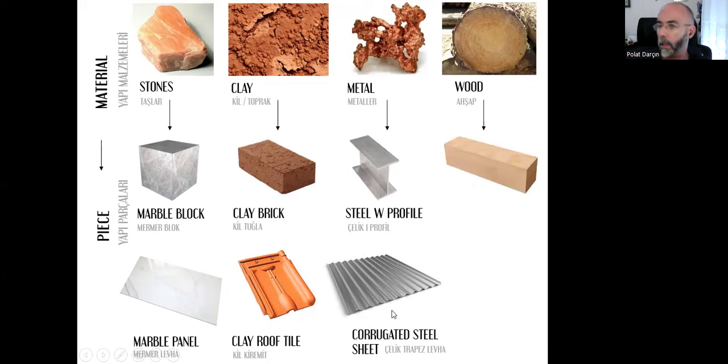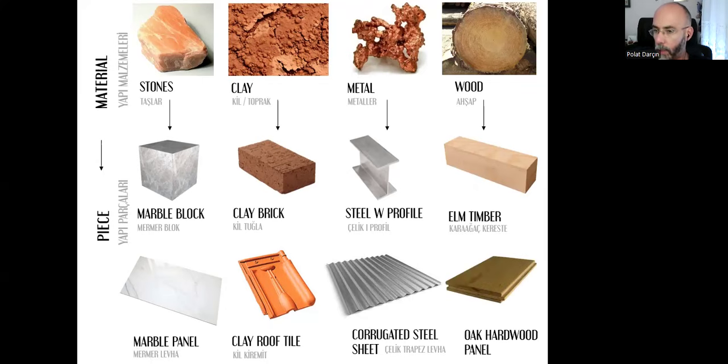Or we can take a tree trunk, an elm tree, karaağaç, and cut it into this piece. Then it's a timber, kereste. If you change the shape, or we can change the material as well. Instead of elm tree, we can have oak tree, meşe, and create a panel similar to this one, shape-wise.